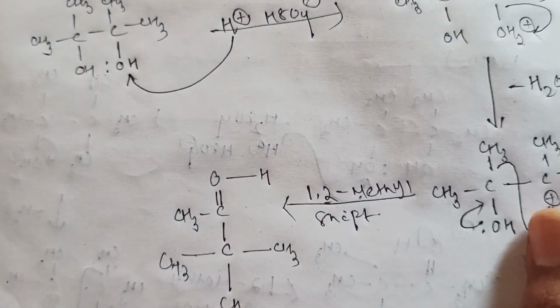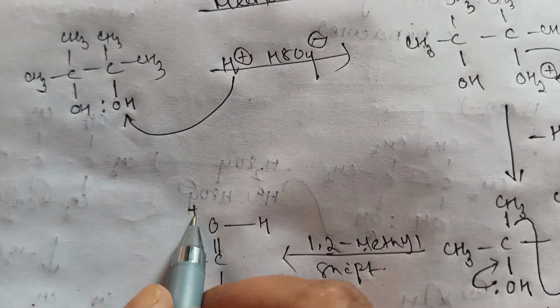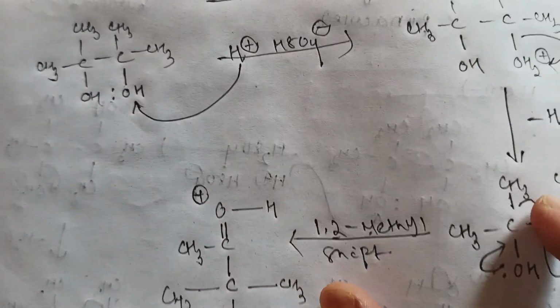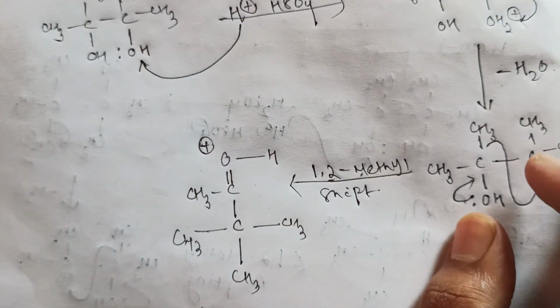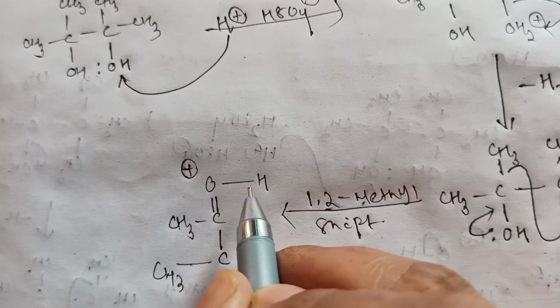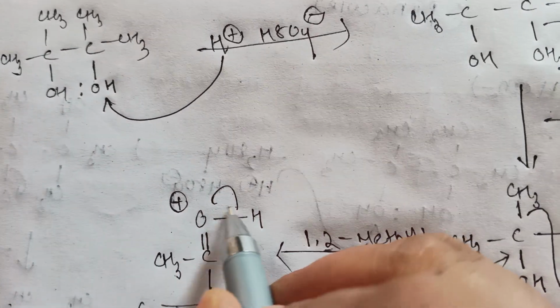Now we have the product formed, but here the oxygen contains a positive charge because it donates its electron pair. Now how to get stable? As we know, this is hydrogen. Hydrogen contains 2 electrons, so it will give its electrons to oxygen and be removed as H plus.